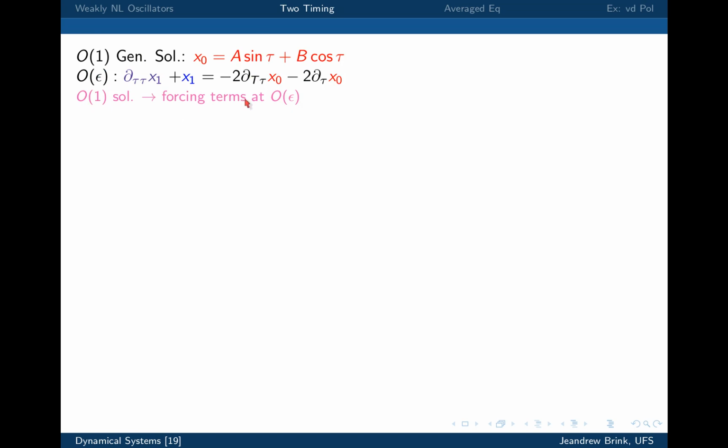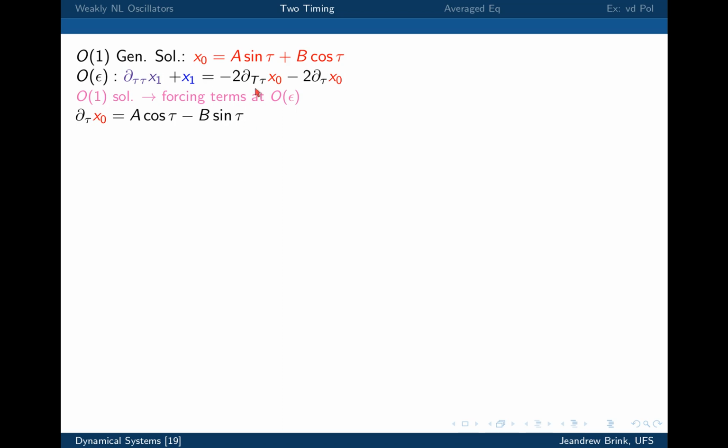What we now want to do is firstly compute what the forcing terms are. So we want to compute the derivative with respect to tau of x0, and that's just a cos tau minus b sine tau.